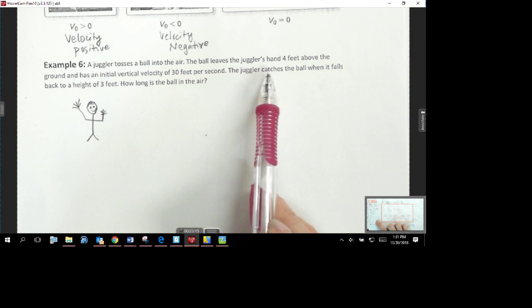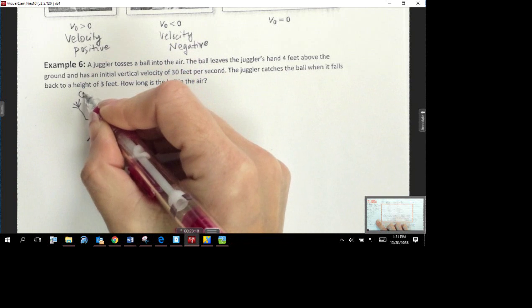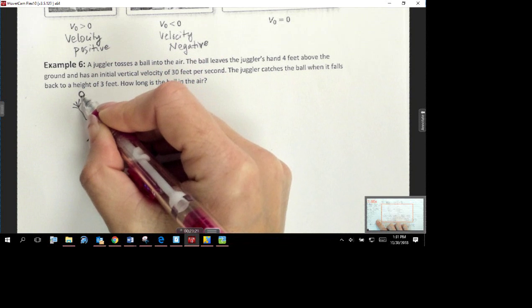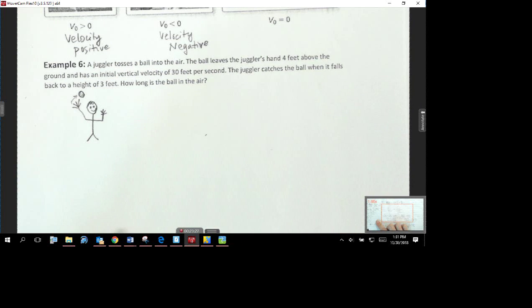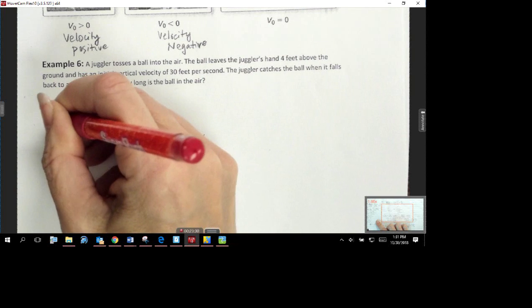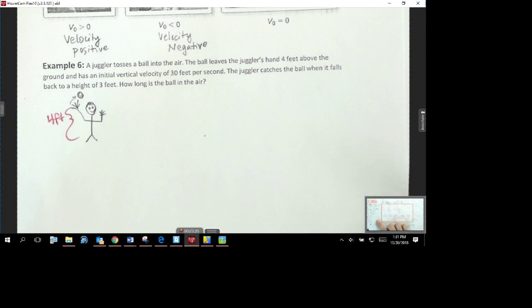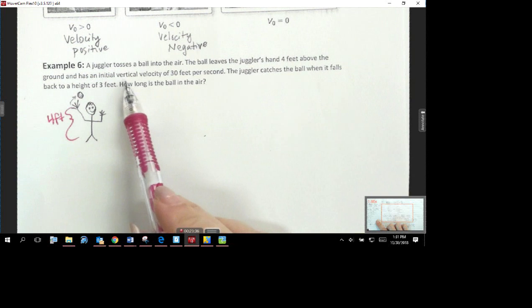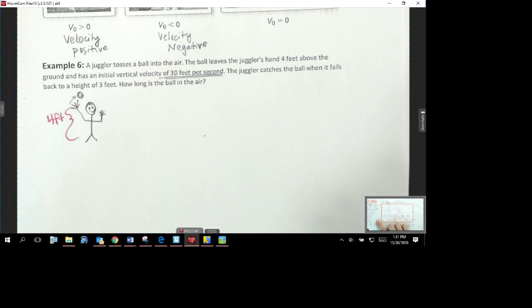The ball leaves the juggler's hand 4 feet above the ground. So here's the ball, and it's leaving the juggler's hand 4 feet above the ground. And then it has an initial velocity of 30 feet per second. That's how fast he threw it.